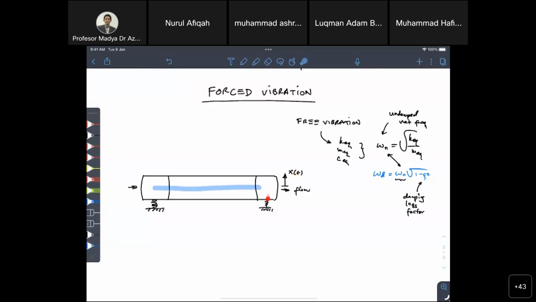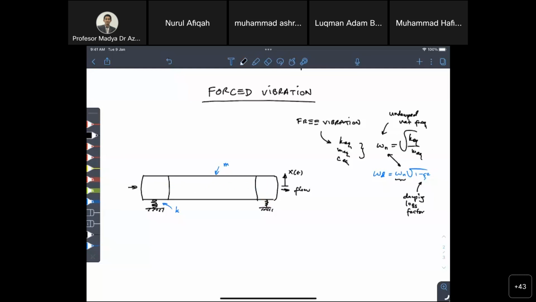Yeah, so you can imagine the piping is vibrating vertically because it's supported by a spring, so it's quite flexible. And you know the mass of the piping, including the fluid, and you know the stiffness of the damper. Although there is no fluid flowing inside the piping, can we know the natural frequency?